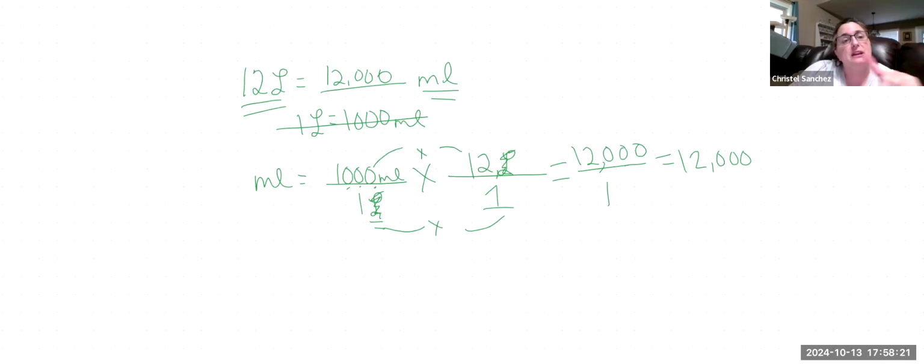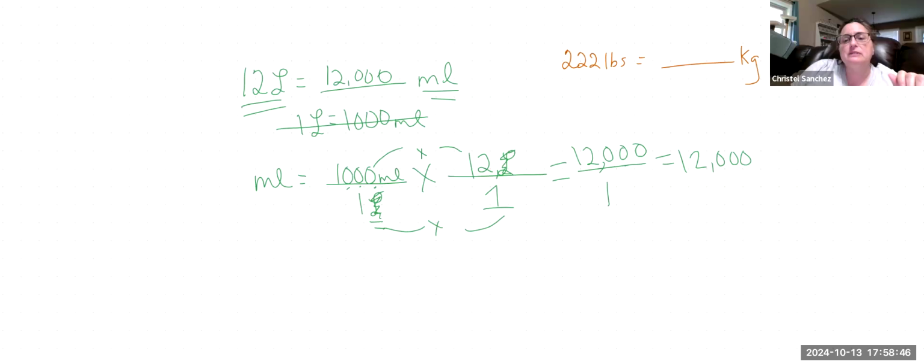But the thing with the King Henry method is, let's say you have something like this one, where you have a patient who weighs 222 pounds, and you have to change that to kilograms. What's our conversion factor for this, y'all?